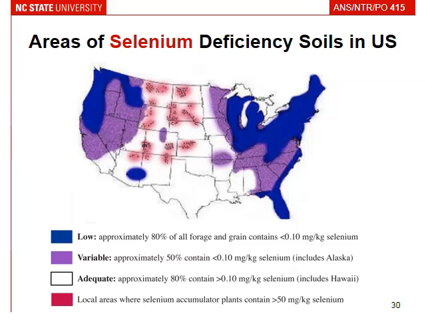So the South, East, and the California, Nevada region have variable amounts. All the white components are adequate, and the red areas are where we have toxic levels.